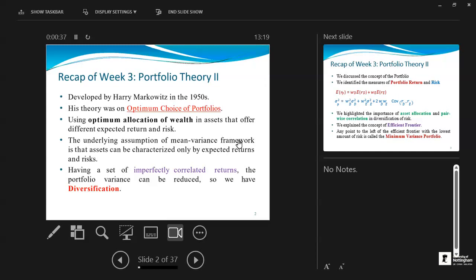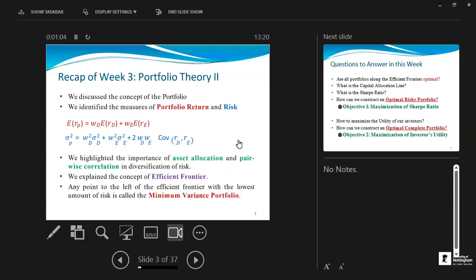The factors that we need to look into when creating a portfolio are the correlation between the assets, and how much we are going to put in each of those assets. I told you in practice, it's difficult to find assets that are perfectly negatively correlated, so you need to look for assets that are either less correlated or uncorrelated, and in that case, we'll have the greatest effect of diversification.